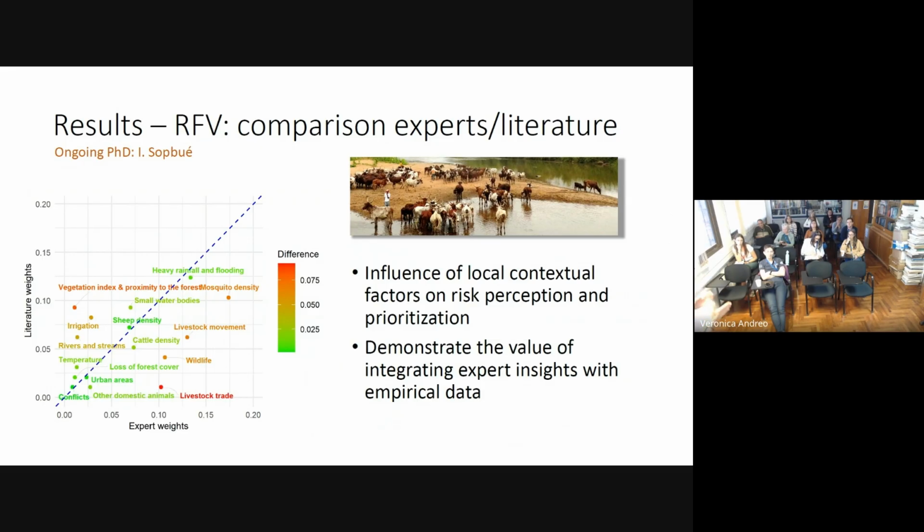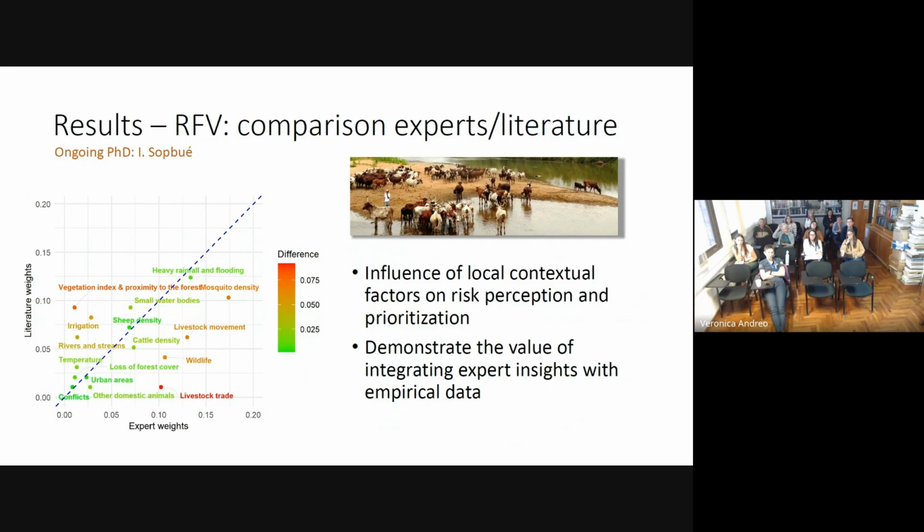So she had a list of risk factors with weights from the literature and then weights from the experts, and she could then compare and identify some risk factors that were, for example, livestock trade, almost never mentioned in the literature, but much more mentioned by experts.